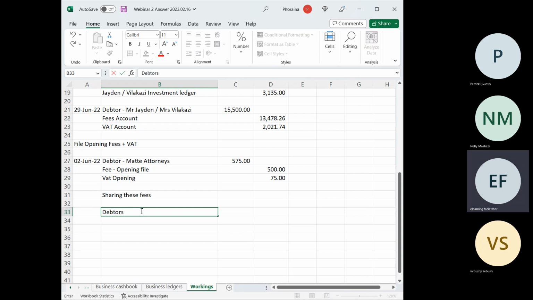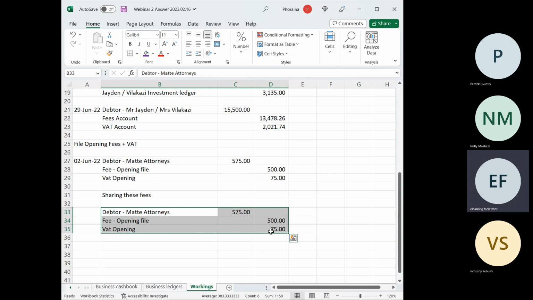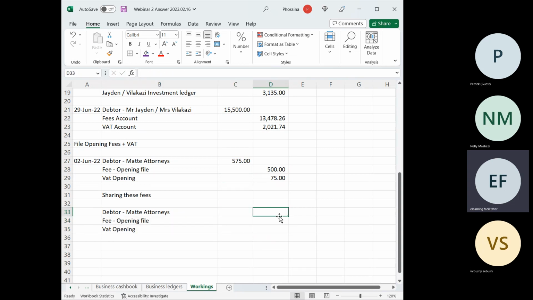So let me just copy from here. Then we do the opposite of what we have done, because we want to reduce the 575 by a third. We want to reduce our fee by a third, and we are going to reduce the VAT by a third.